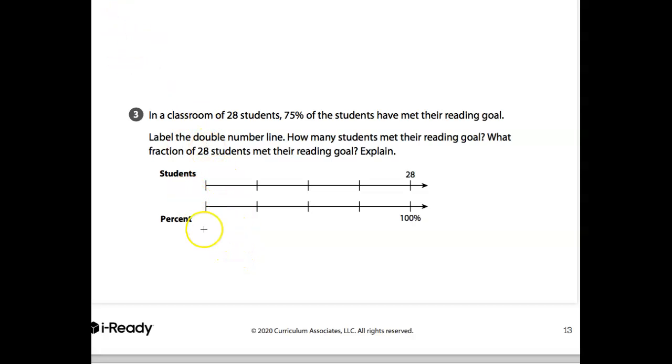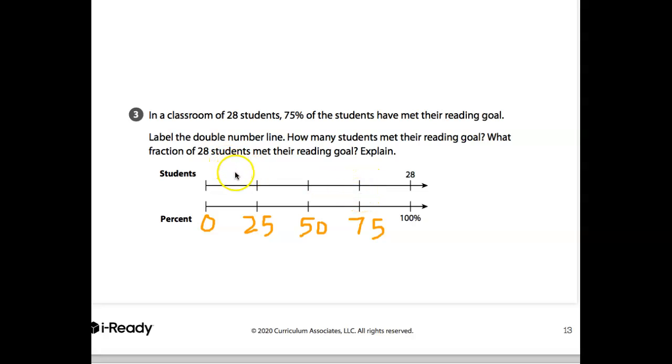Okay, I'm back. I didn't look at that carefully. So this is 0, this is 25%, 50, 75, and 100. All right, and it says that 100% is 28 students, but we have to find out how many is 75% of the students.